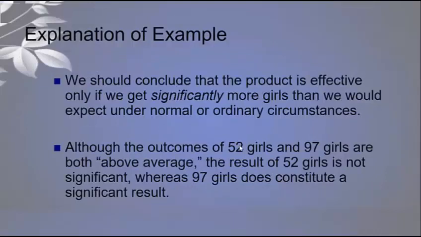Further explained, we should conclude that the product is effective only if we get significantly more girls than we would expect under normal or ordinary circumstances. Second, although the outcomes of 52 girls and 97 girls are both above average, the result of 52 girls is not significant, whereas 97 girls does constitute a significant result.